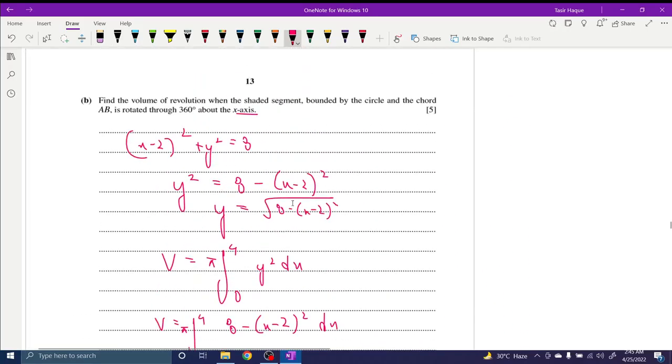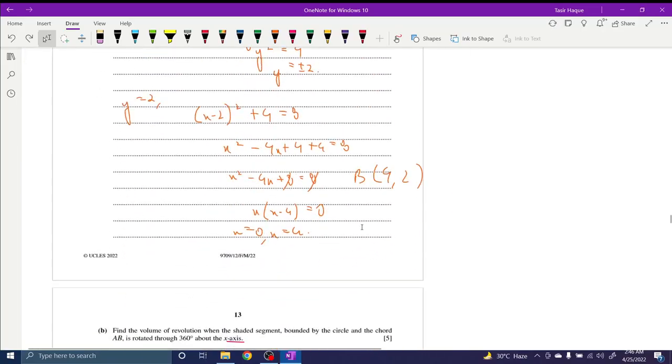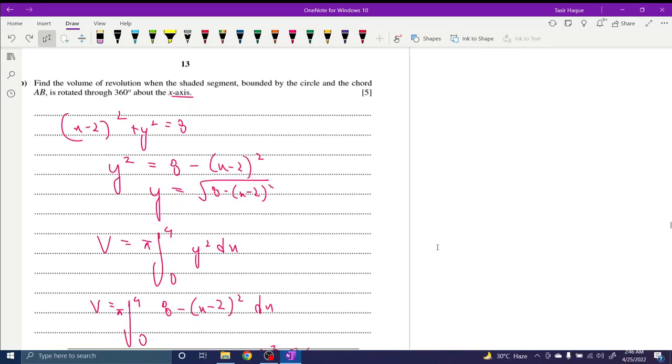So that's it for the pink volume. But we need a shaded region, right? So I'm going to subtract this area. If you rotate this about the x-axis, it's going to turn into a cylinder. You could do it manually, or you could use the equation.